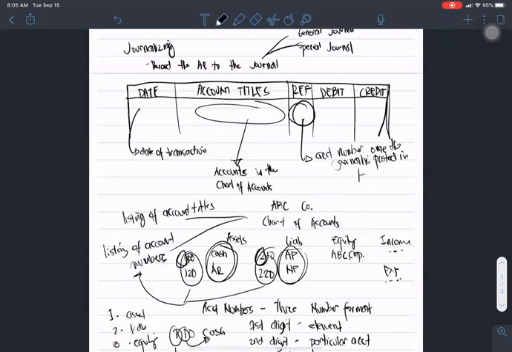Sometimes this reference is known as your posting reference. And debit and credit, of course, we place here the amount of the journal entry.